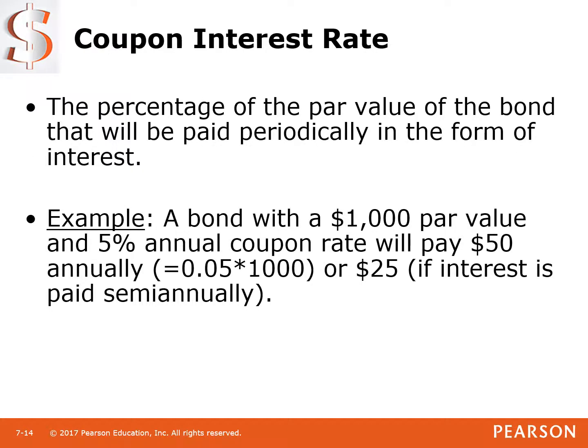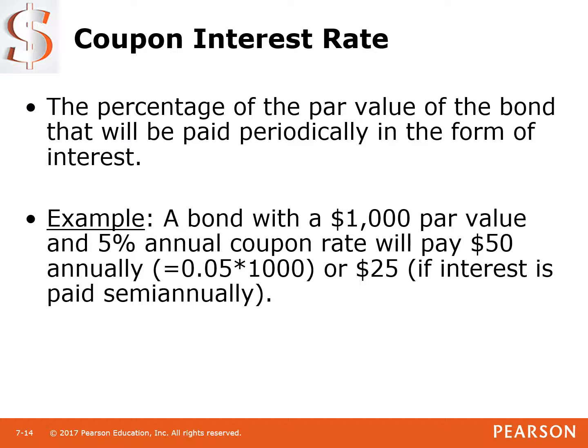Another important term is the coupon or stated interest rate. And this is the interest rate that is right on the bond that the corporation promises to pay at certain time intervals until the bond matures.